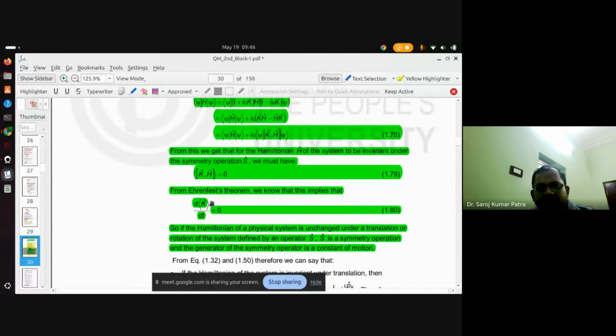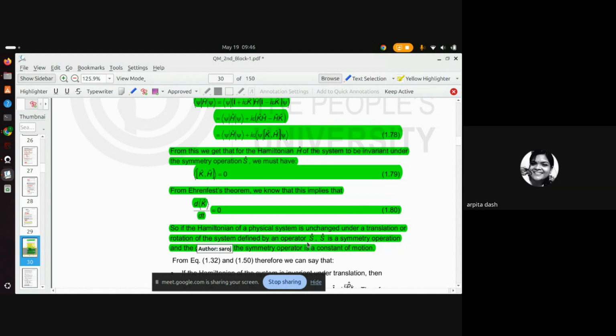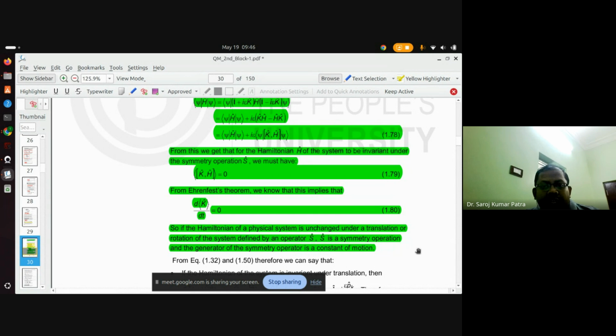It will not change with time. That is what it is telling you. If the Hamiltonian of a physical system is unchanged under a translation or rotation symmetry of the system defined by an operator S, then the generator of the symmetry operation is a constant of motion. Whatever the generator is, it will be a constant of motion.